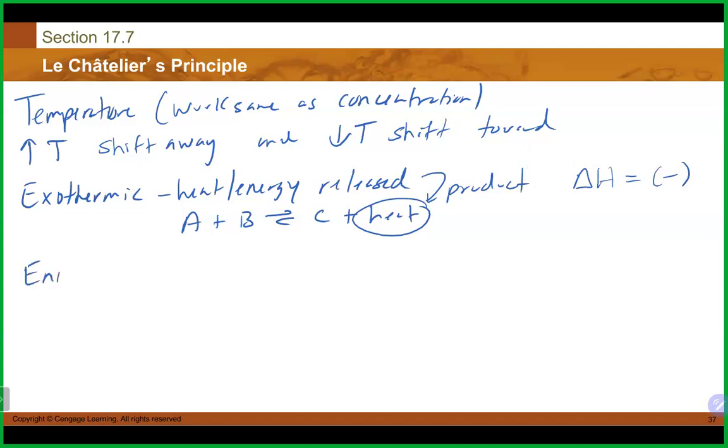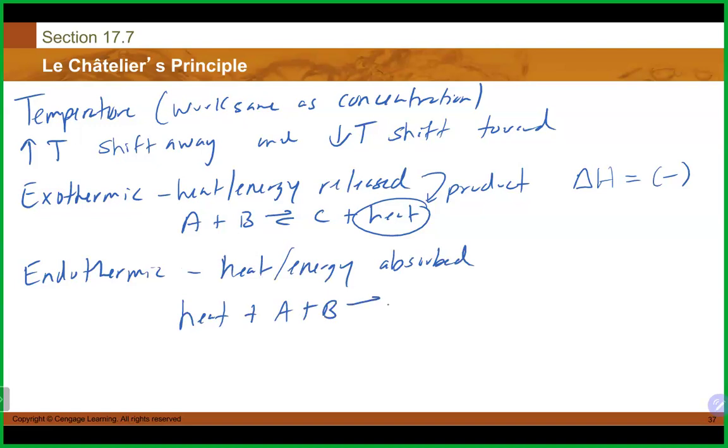Endothermic is the other type of reaction, and that means that heat and energy is absorbed. We think of heat and energy as a reactant in this case, and a reminder that the delta H would then be positive for that reaction.